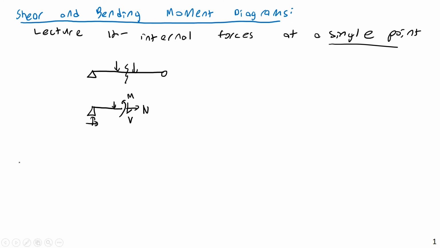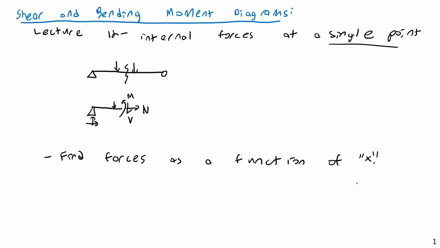What we're going to look at today is finding the forces at any point, or really finding forces at some point x. Essentially finding forces at any point, or finding forces as a function of x. Now, I'm not going to be concerned with columns today and axial forces.